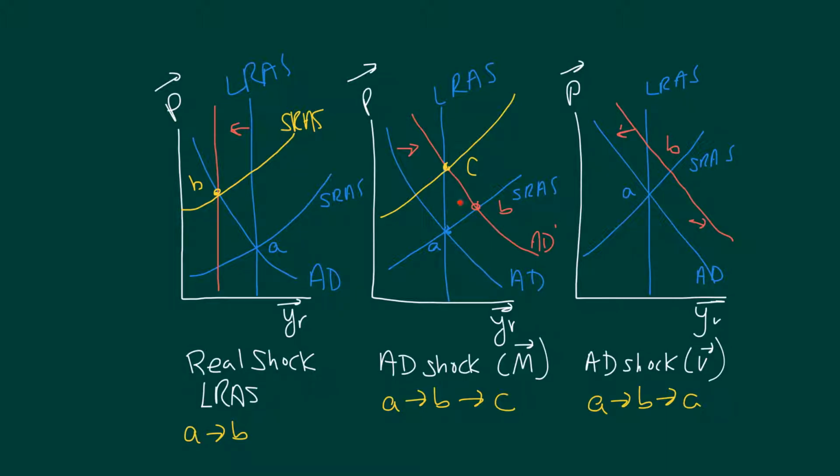We have the shift in the aggregate demand curve. That's what makes us realize eventually, after we go through the money illusion, that prices have risen. And again, the short-run aggregate supply curve brings you back to the new equilibrium. And then the third one is the aggregate demand shock. We see here that the short-run aggregate supply curve is not playing a role. It's simply a boom to aggregate demand, and then, okay, we're back.